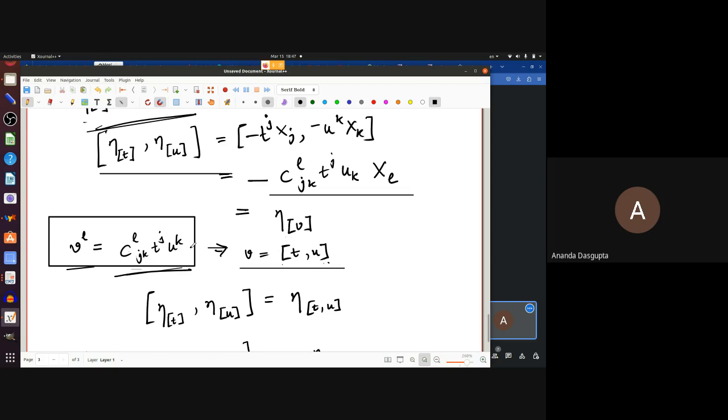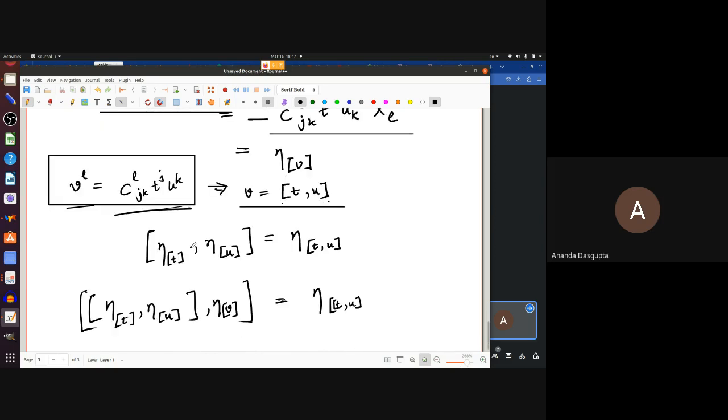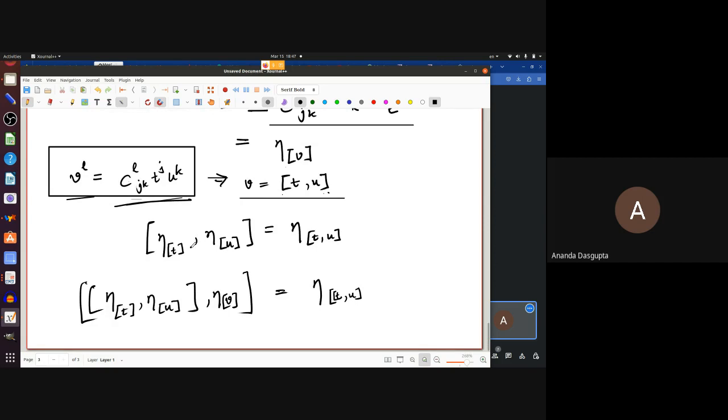I've defined a product of two vectors as well. One important thing is, this is basically what the bracket becomes: the commutator of two eta T, eta U is eta of the bracket of T and U.